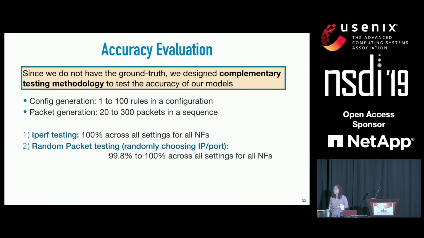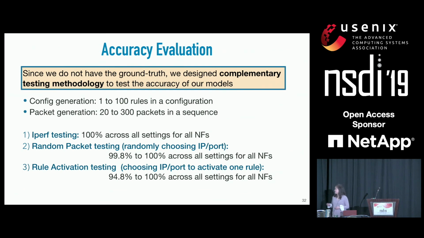Then we did random packet testing, where we chose IPs and ports in a random manner. We see 99.8 to 100% accuracy. The interesting one is the rule activation testing, where we chose an IP and port to activate one rule. We see 95 to 100% accuracy. Note that 95% comes from a firewall model that was modeled using out-of-window packets that has more than 200 states.